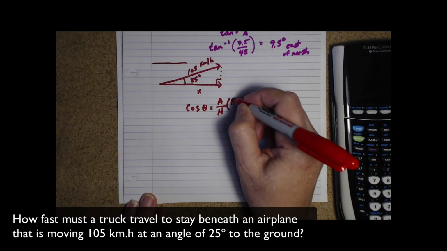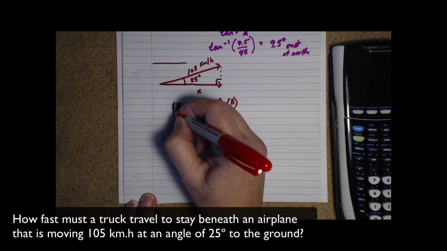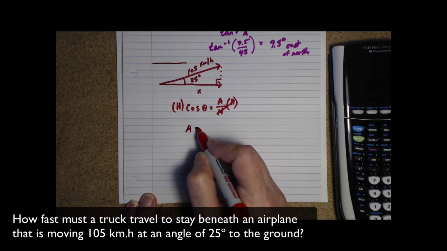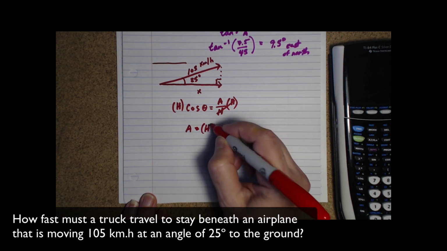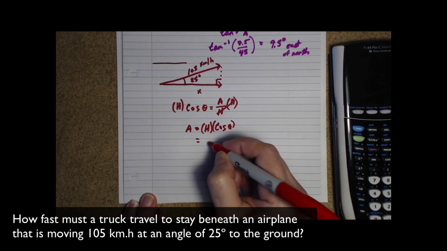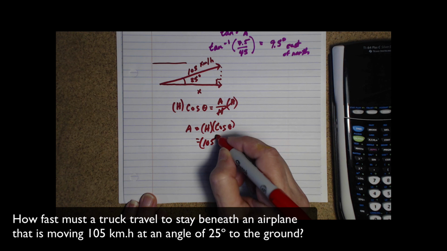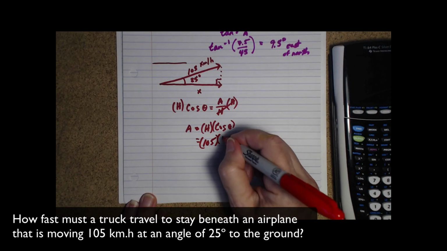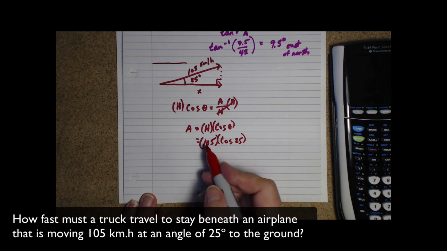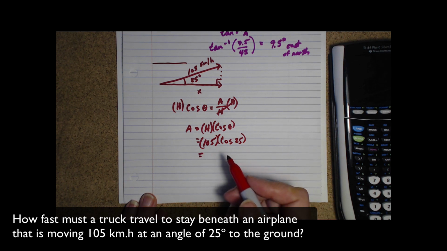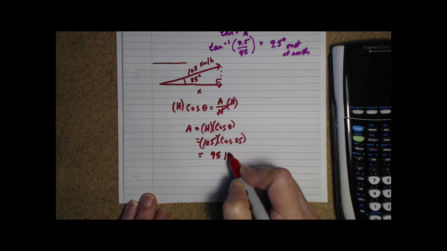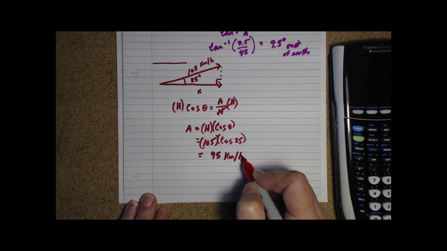I can multiply the hypotenuse times both sides, and I can find the adjacent, which happens to be the side that I am trying to find. Let's insert our values, and it's cosine of 25 degrees. When I enter all of that in, I should get a value of 95 kilometers per hour.